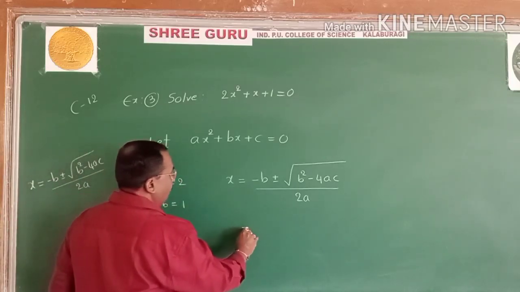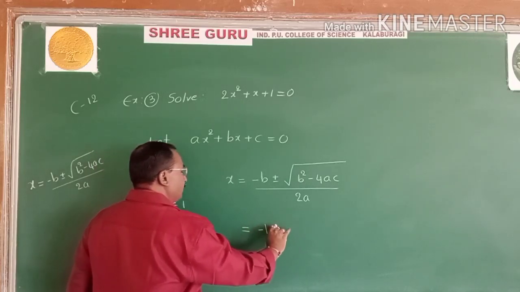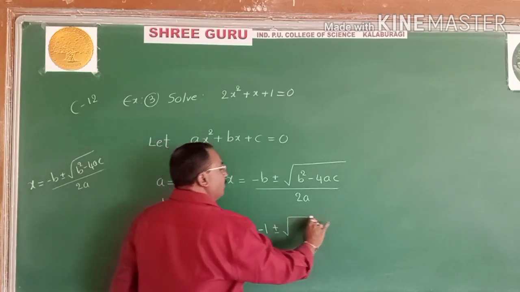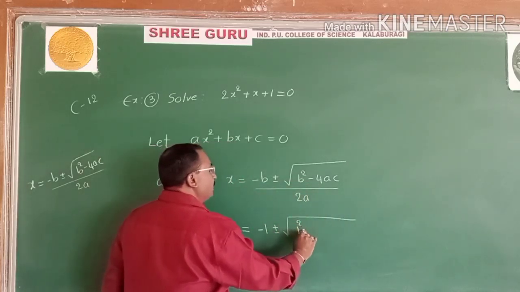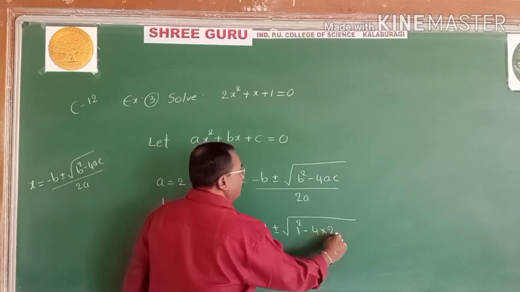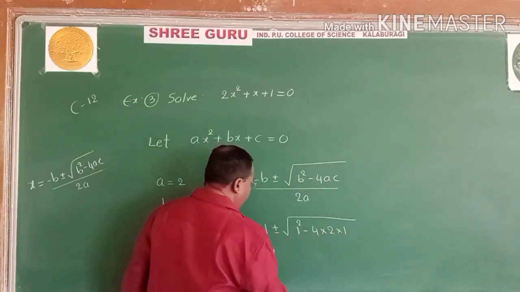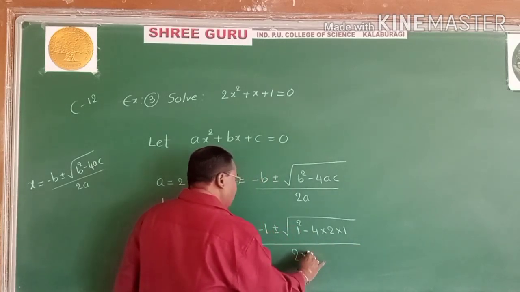That is, b value is what? 1. Minus 1 as it is, plus or minus square root of b square is what? 1 square. Minus 4 times a, which is 2, times c, which is 1, divided by 2 times a, which is 2.